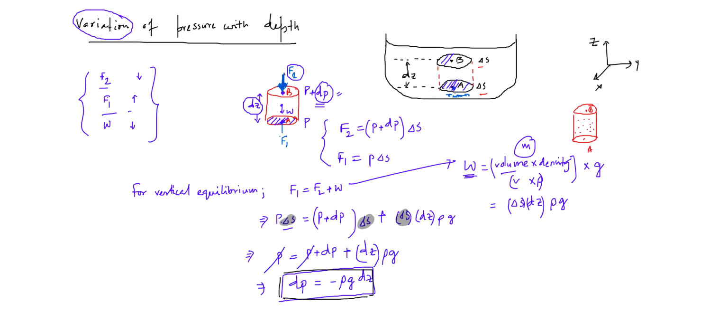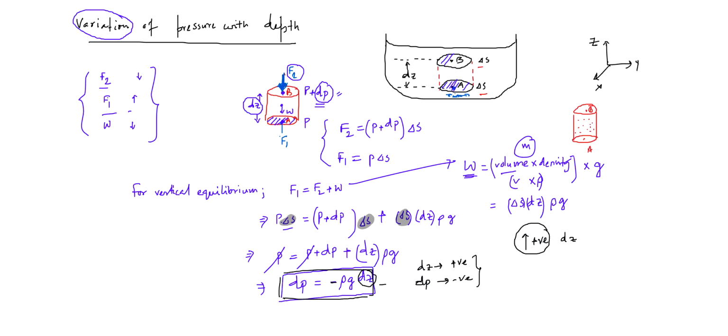Now, this negative sign, what does it mean? It means as we move up by a height dz, let us say dz is positive. This is the positive z axis direction, because we are going up along this z axis.